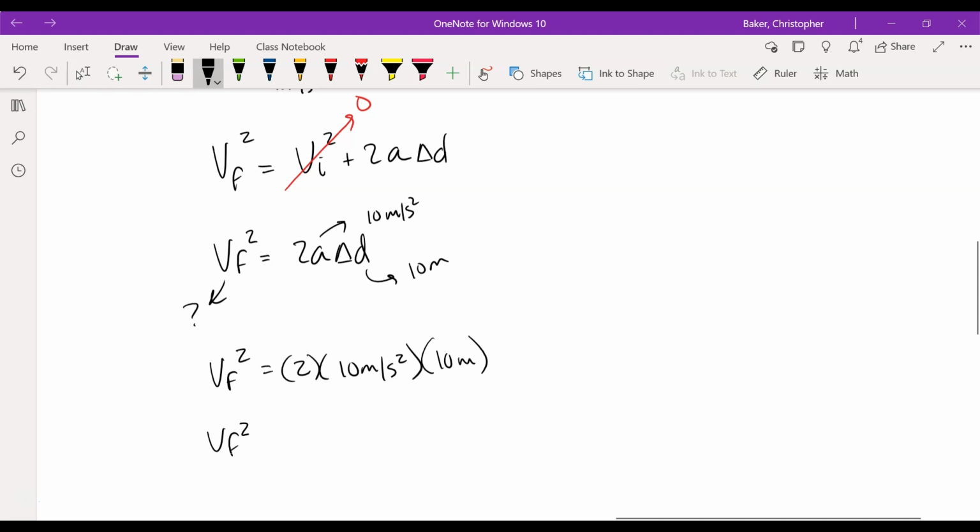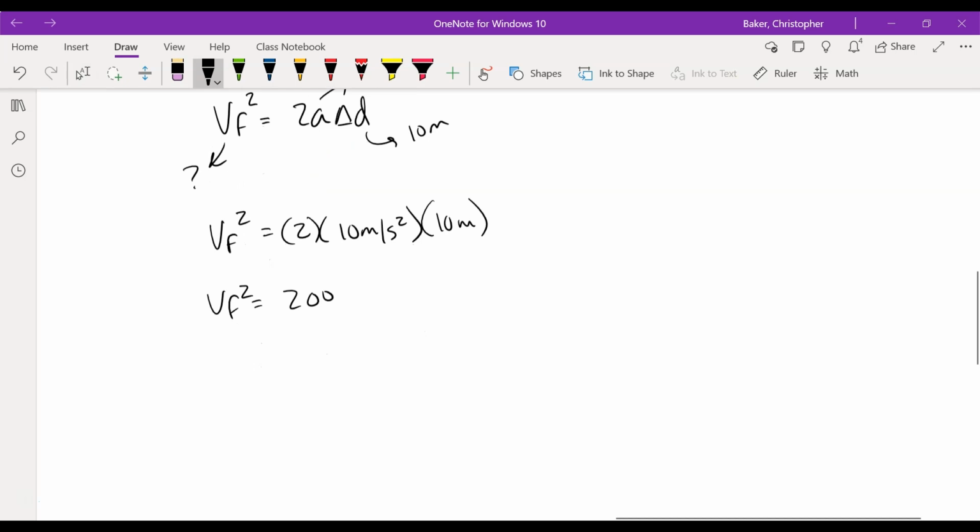So v final squared is equal to 200. Looks familiar. That means your final velocity is equal to the square root of 200, which is equal to 14 meters per second, which is equal to 31 miles per hour.